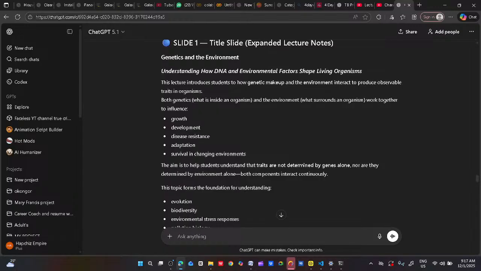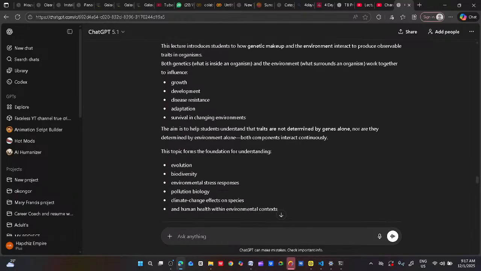That is, if you see somebody acting anyhow, that person must have been influenced by genes. So the aim is to help students understand that traits are not determined by genes alone. They are determined by the environment.